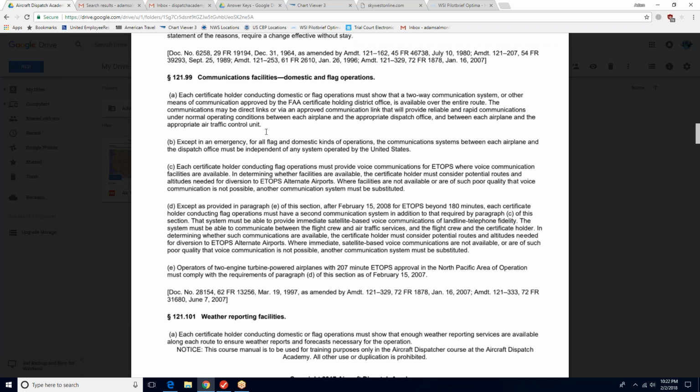But if you dispatch 50 flights on a given shift, you're usually at most, even on a bad day, only going to have 10 to 15% of your flights that might have issues where you have to do a lot of extra work. The majority of your flights will always go off without a hitch, as planned.